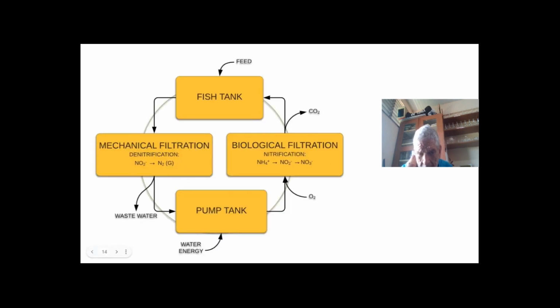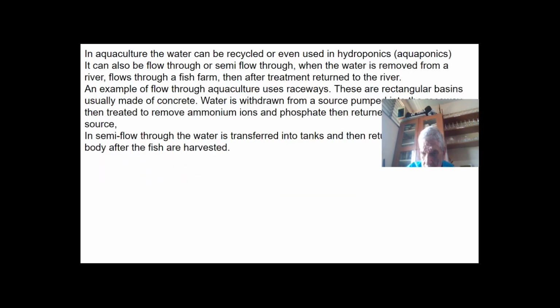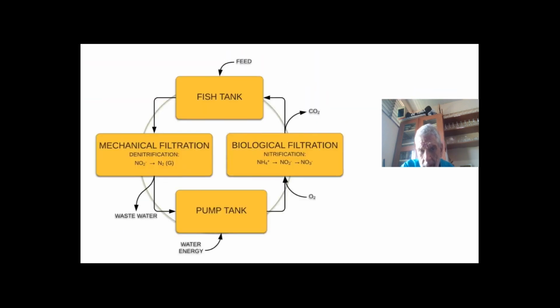So, what happens in aquaculture? Basically, you need a pump tank which contains water, which goes into a fish tank. But before it can go into the fish tank, it needs to be filtered to regulate the amounts of ammonium compounds, nitrite and nitrate, and so on.